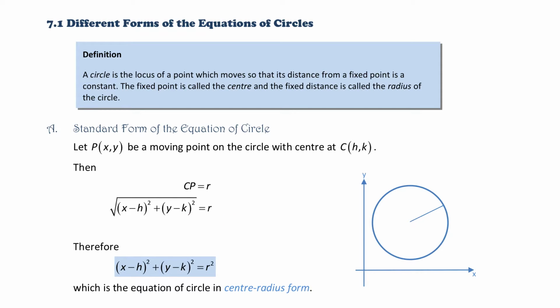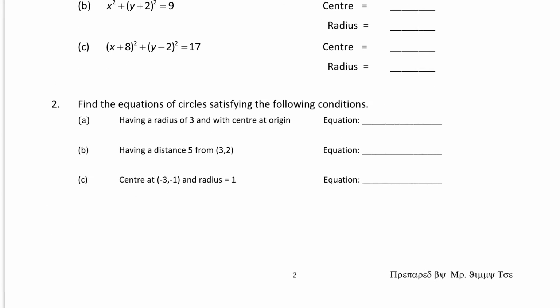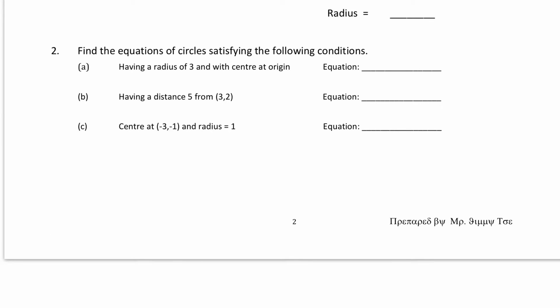Let's see class practice 1, question 2. I want to find the equation of circle satisfying the following conditions. Center at origin, that means center at (0, 0), with radius 3.